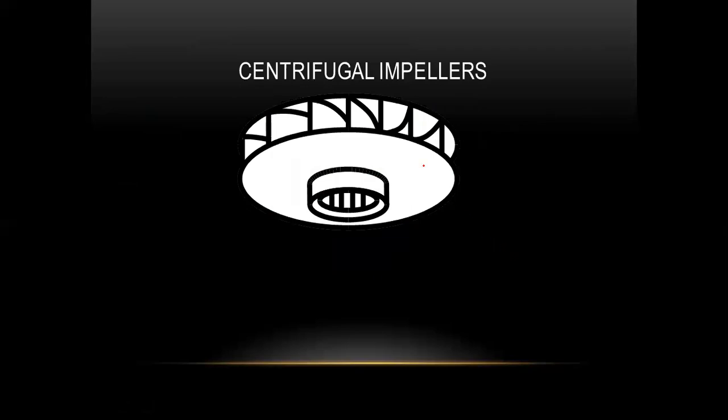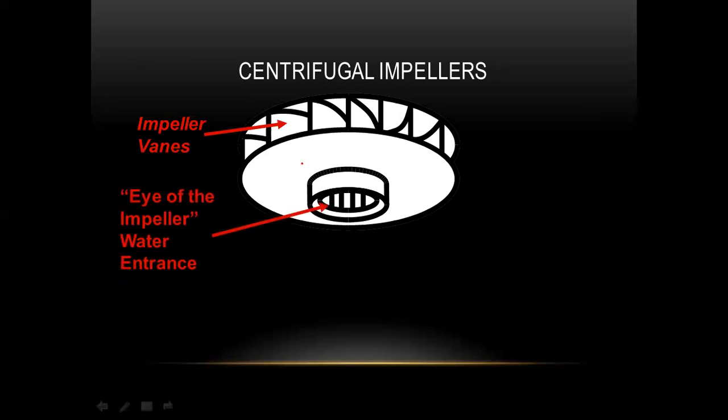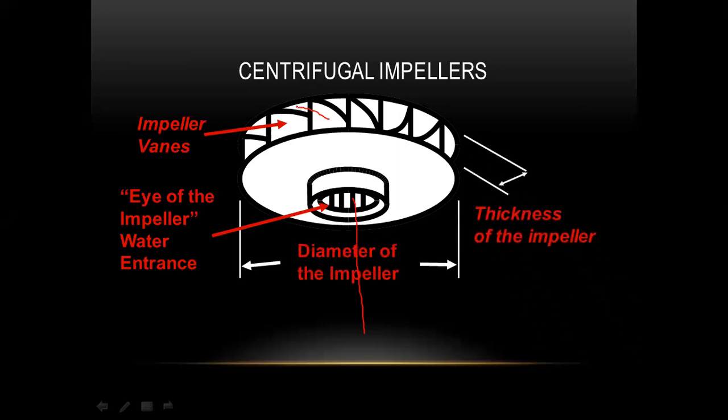Now if you see the centrifugal impeller, the figure is like this. These are the impeller vanes, right? This is the eye of the impeller, the water entrance. When the water goes inside in this direction, because of the pressure and because the impeller is moving, the water is flushed outside through the vanes. The thicker the impeller, the more water.